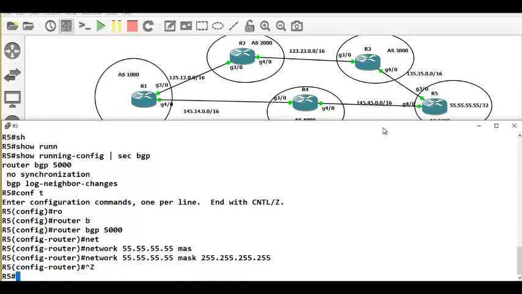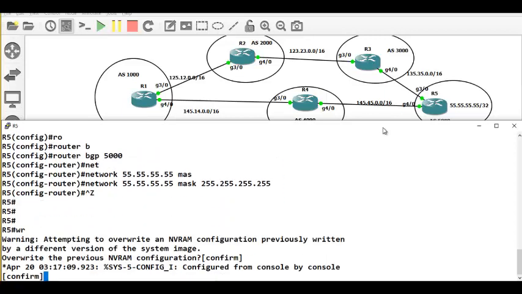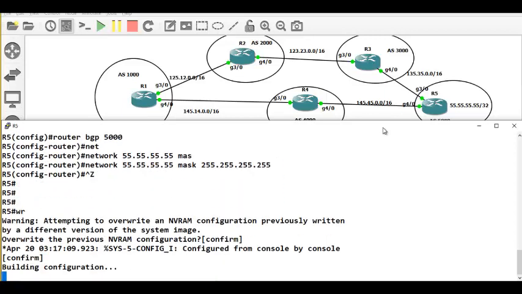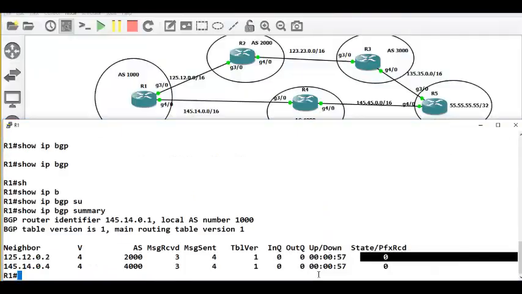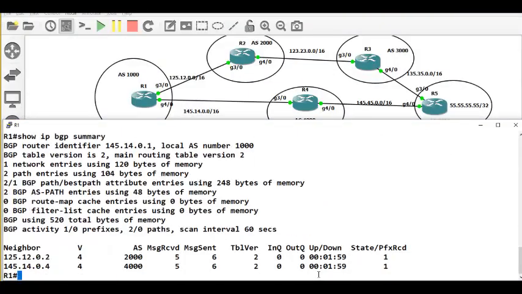You see, I have advertised this 55 network on router 5. Now let me go to router 1 and check. Listen carefully. Router 1 is learning one prefix, one network. What is that one network? 55.55.55.55, from router 2 and also from router 4.